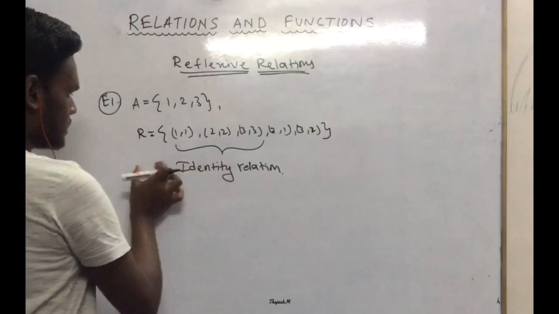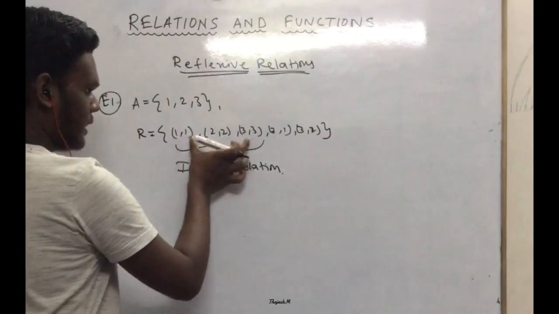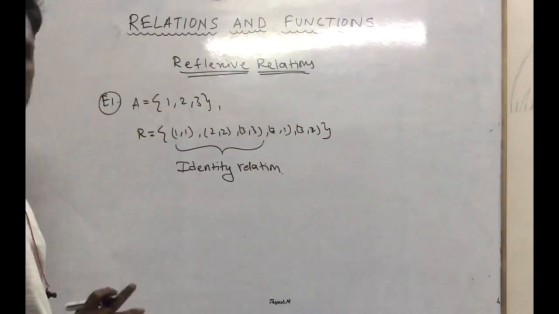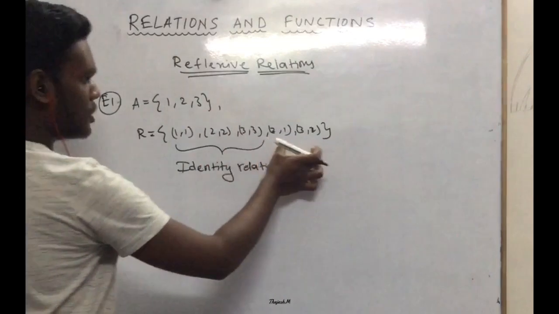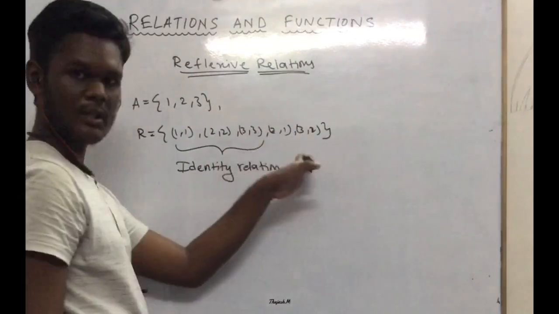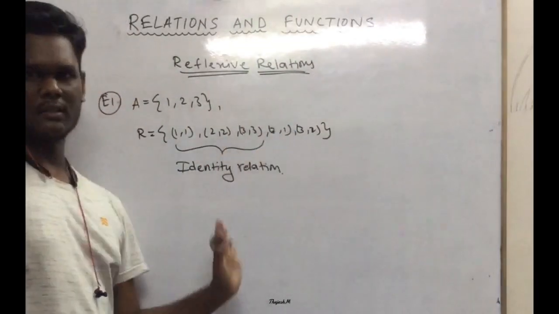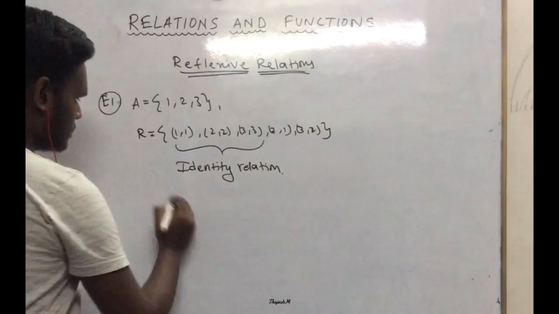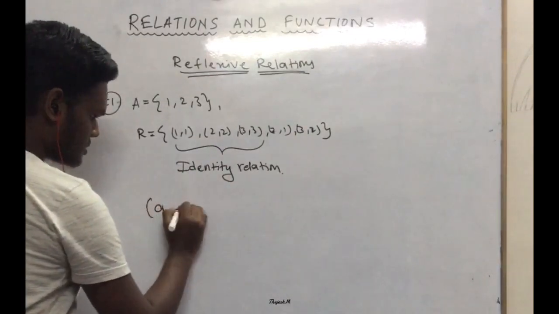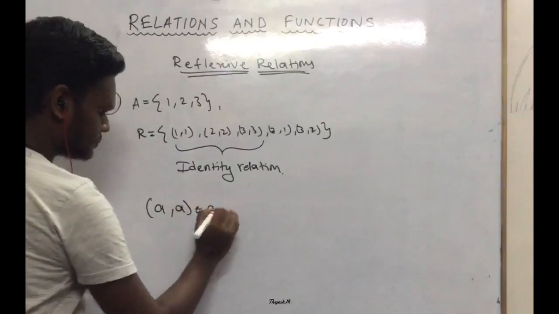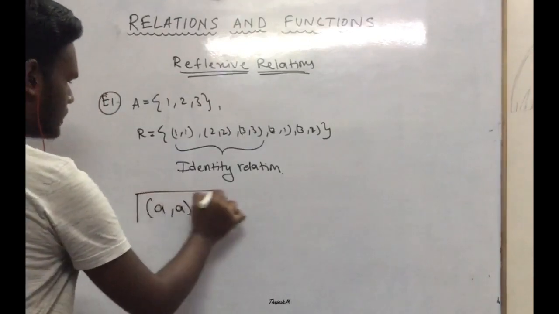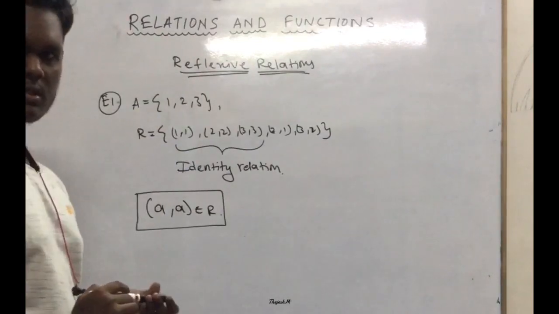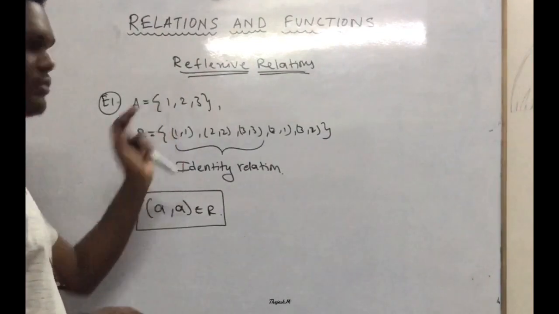So a relation which contains identity relation and other ordered pairs is nothing but a reflexive relation. Okay, so these other ordered pairs can be anything, but this identity relation is a must. So we can write it as (a, a) belongs to R. This is how we generalize reflexive relations, the general equation for reflexive relations.